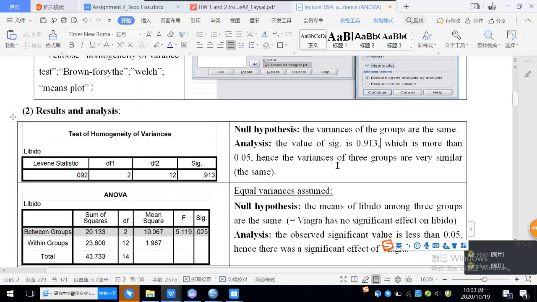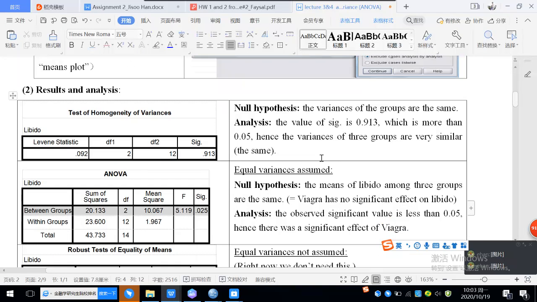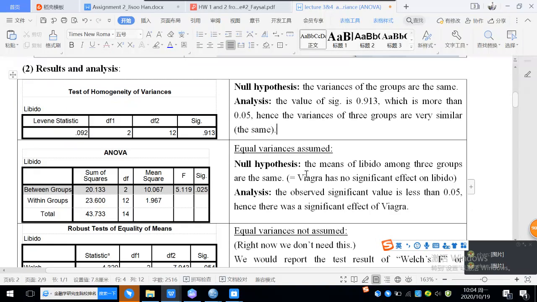Hence, the variance of three groups are very similar or the same. So through the test of homogeneity of variance, equal variance is assumed. Then we look at the result here.